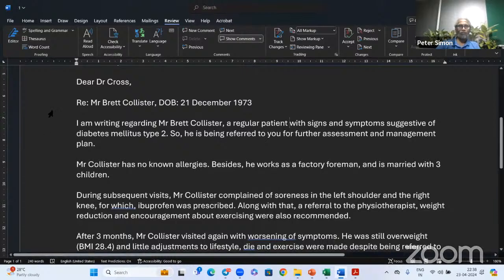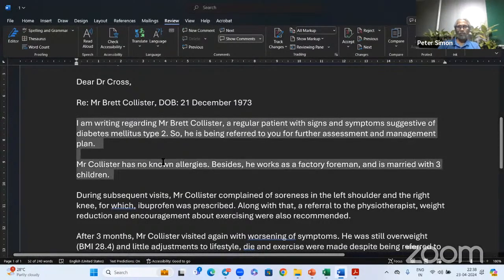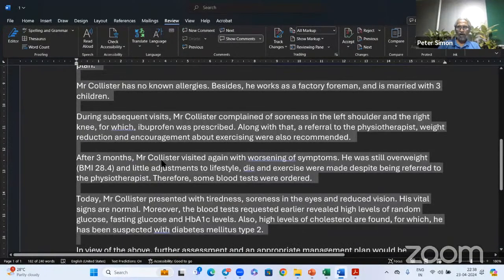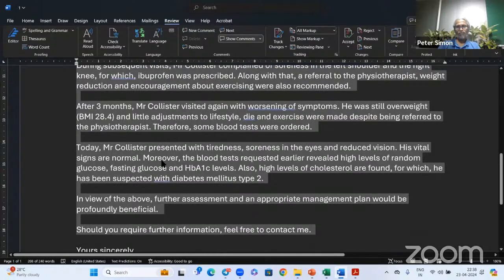Now let's come to the word count. This is the first paragraph, second, third, fourth, 5, 6, and 7 paragraphs.